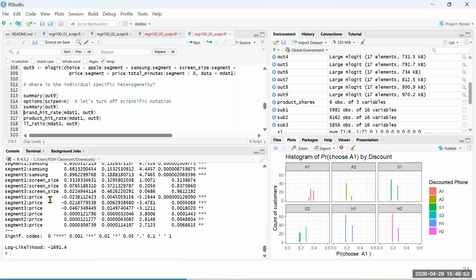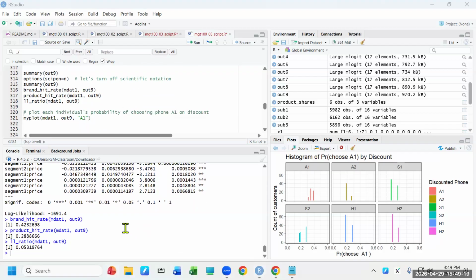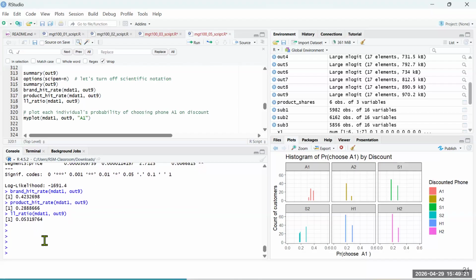But it does look like there are some important differences between the segments, where segment 3 is going to be the most price sensitive. And then this last set of interactions includes screen size, and screen size will make the biggest difference to segment 3's price sensitivity. So then when we look at the product hit rate, what's going on here?